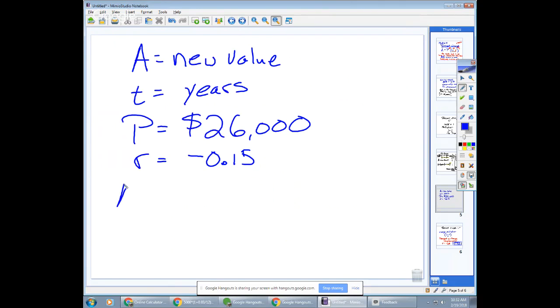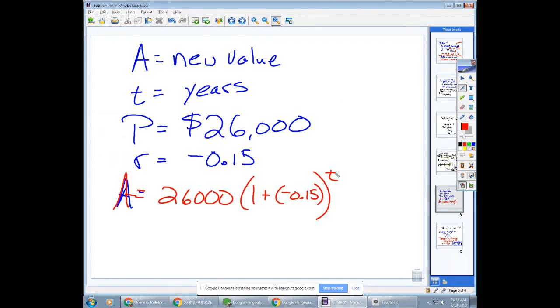So my formula for the new amount is going to be equal to the 26,000 times 1 plus my growth rate. My growth rate happens to be negative 0.15, raised to the power, as long as that power is the same time span. Right? It's a yearly depreciation rate, so time is measured in years.